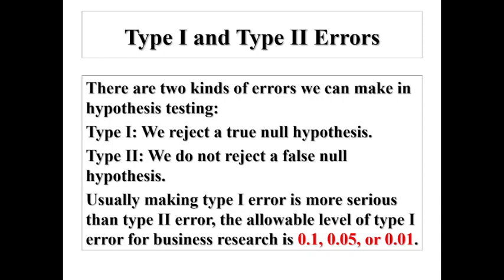I'm trying to confuse all of you. Do not reject A is innocent doesn't mean A is innocent. It doesn't actually accept A is innocent. That's what I'm saying: do not say accept the null hypothesis. Say do not reject.